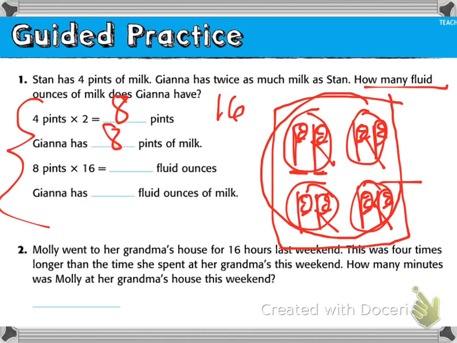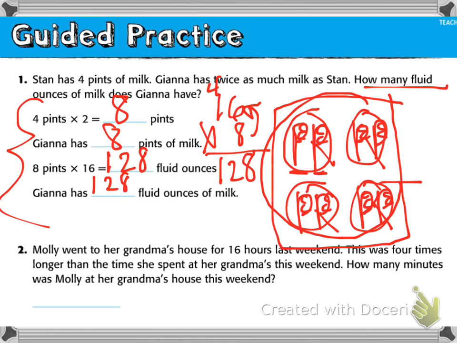So 16 times 8. 8 times 6 is 48. 8 times 1 is 8, plus 4 is 12. So 128 fluid ounces. So Gianna has 128 fluid ounces of milk.